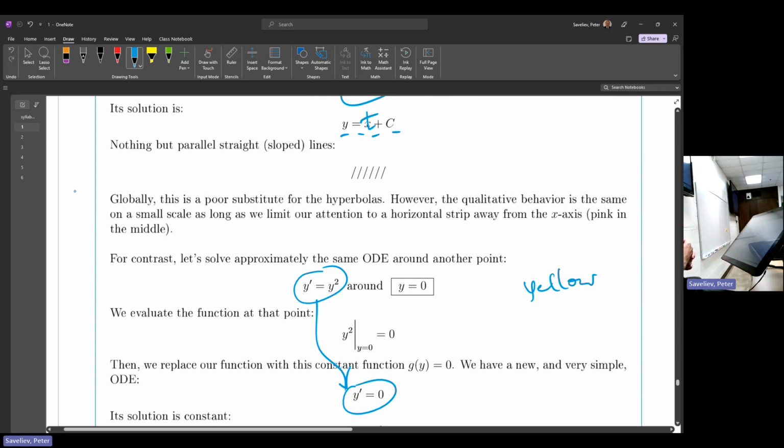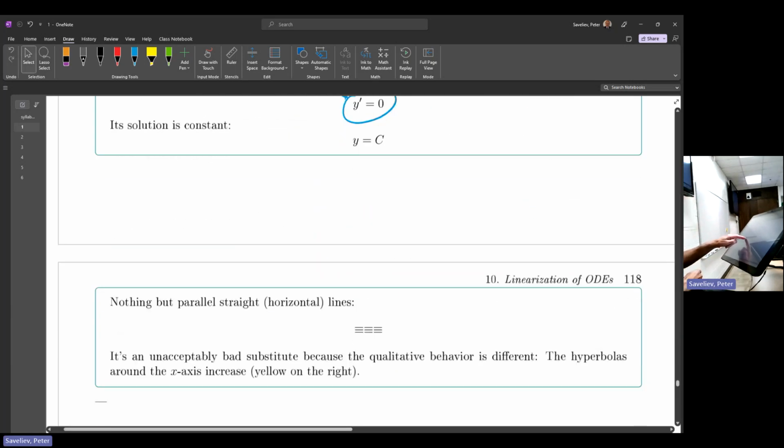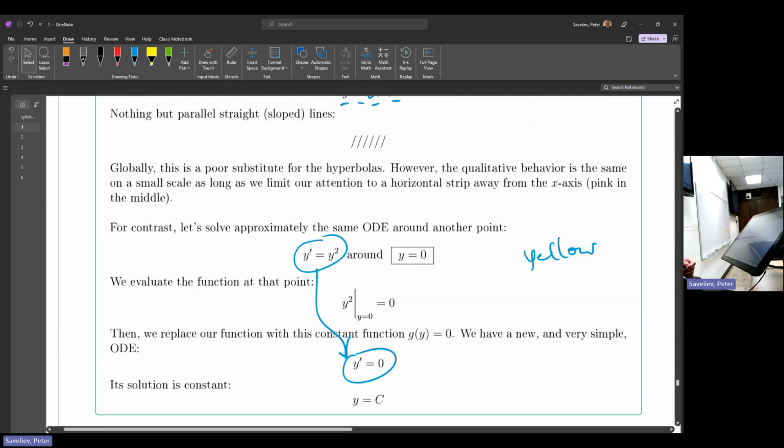So what's the solution of this differential equation? y prime equals 0. Let's solve it: y equals c. So it's a bunch of straight lines, and that is not good because it does not match our behavior.